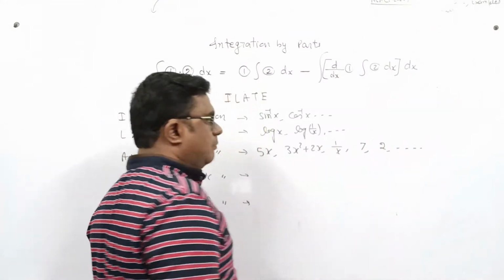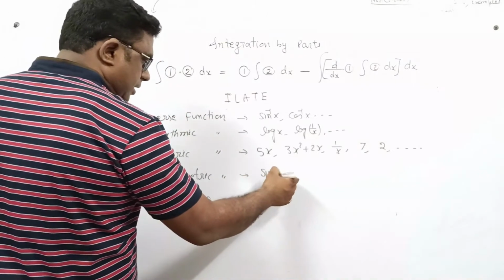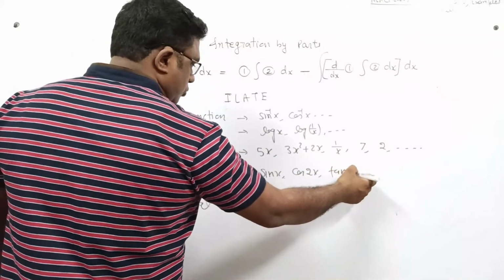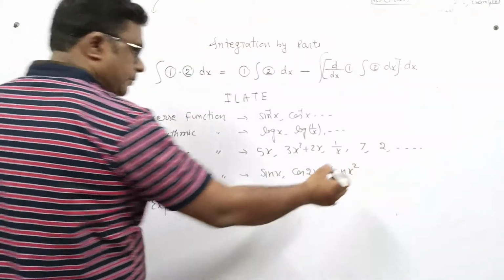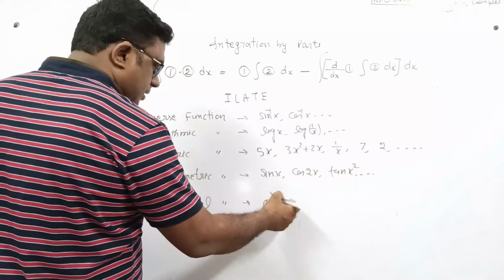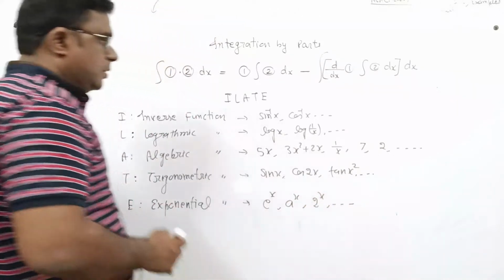These are some examples of algebraic functions. Trigonometric functions like sin x, cos 2x, tan x square, etc. And at last exponential functions like e power x, a power x, 2 power x, etc.